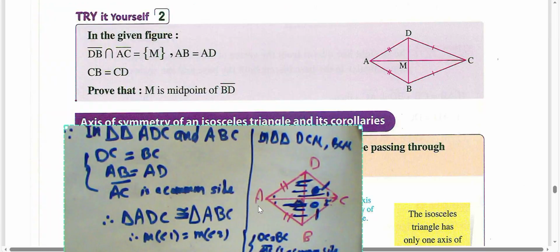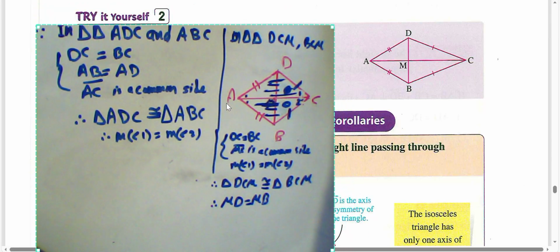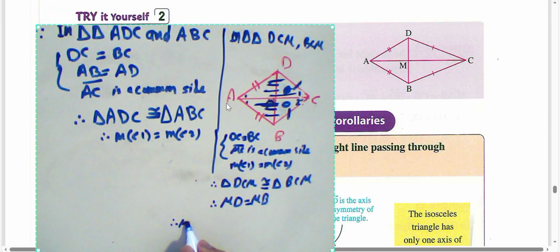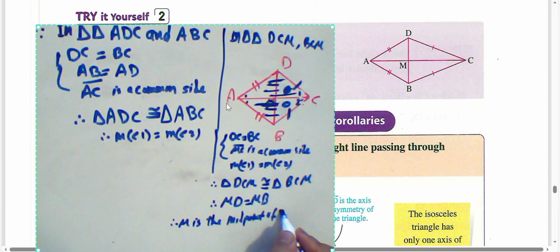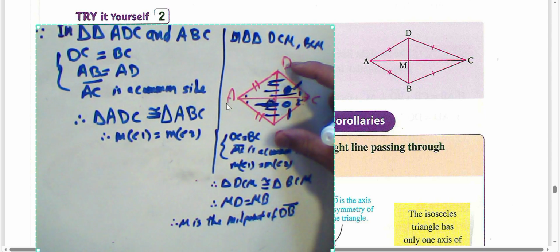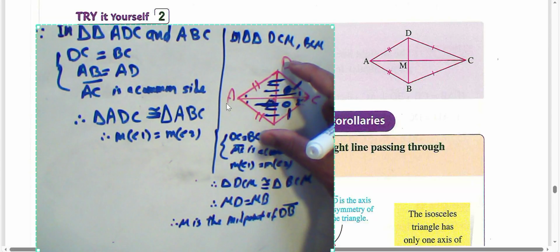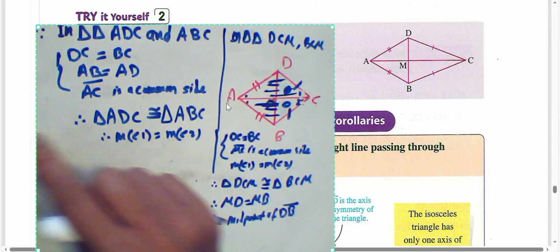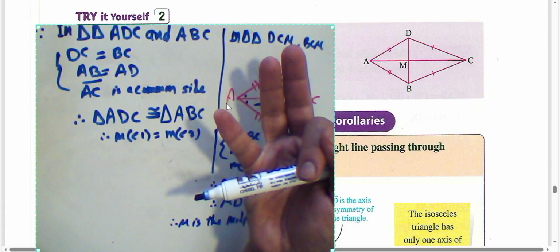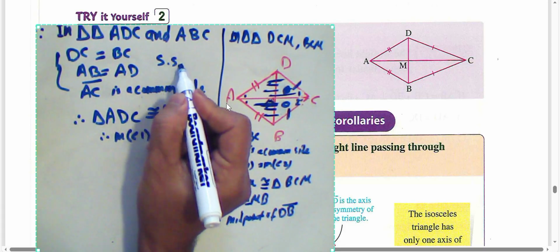M is the midpoint of DB. Understood? First, we proved that the greater triangles ADC and PCA are congruent because we have three sides, side, side, side.